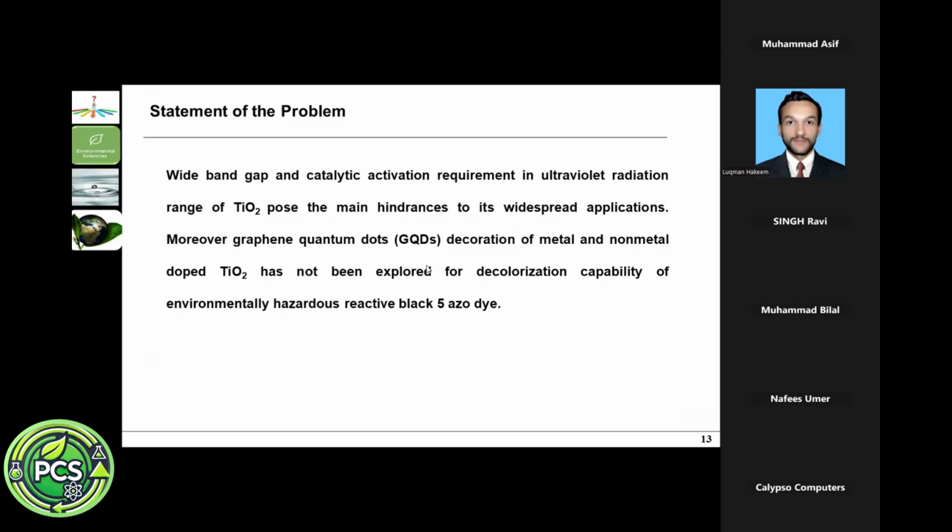I can share the detailed synthesis method on the screen, but you can follow our papers, where you can find the complete elaboration of the sol gel method. Okay, thank you.